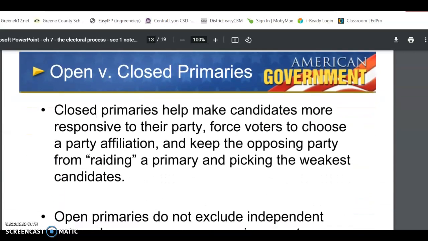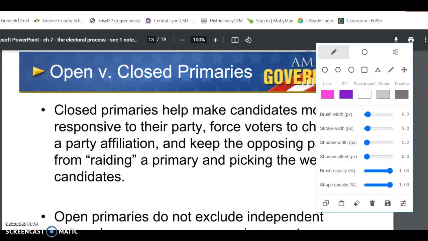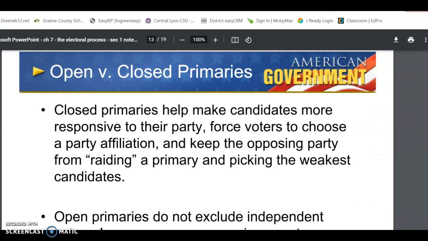So the difference, open versus closed primaries. Closed primaries help make candidates more responsive to their party because they can be voted in or voted out. They force voters to choose a party affiliation.